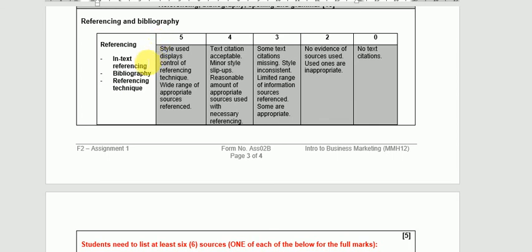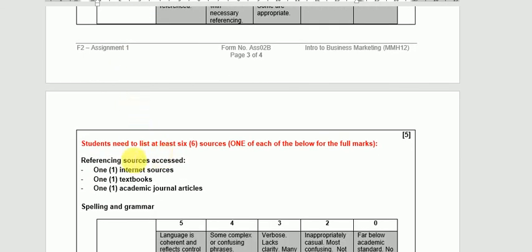Remember, when you're using something, immediately reference it and then include it in your bibliography or your referencing list. I want you to at least, for this assignment, include 1 internet source, 1 additional textbook to the one that you are using and that has been prescribed, and 1 additional academic journal article.